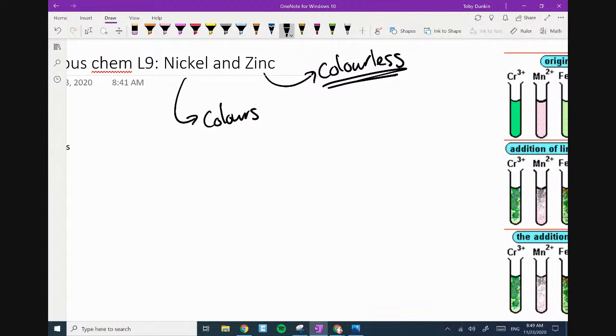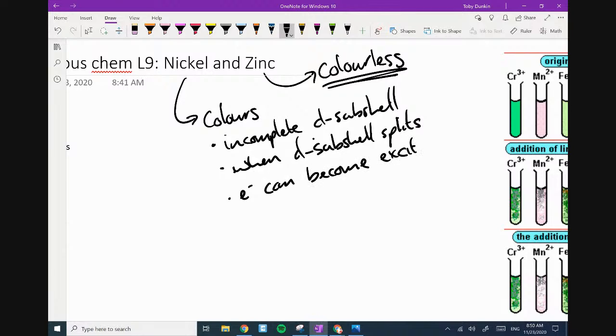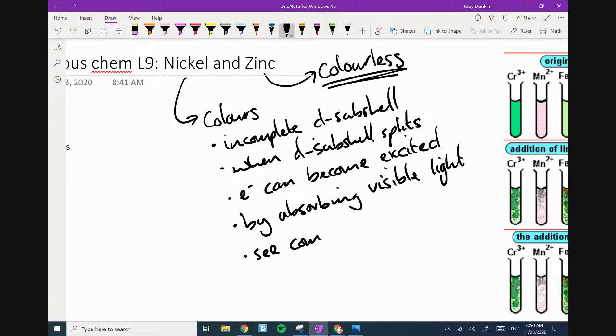The reason is that during the formation of a complex, the D subshell will split, and due to it being incomplete, key bullet points: incomplete D subshell. When the D subshell splits during the formation of a complex, the electrons can become excited by absorbing visible light, and then you see the complementary color.